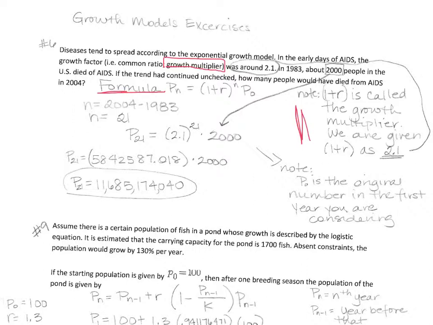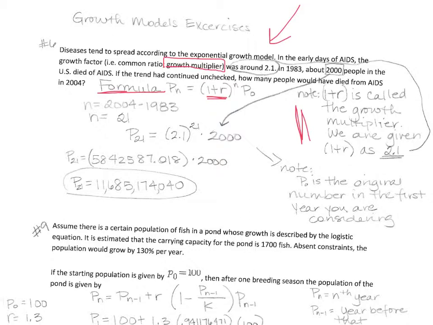And we're already given that full quantity, 1 plus r is 2.1, because up here in the question it said the growth multiplier was around 2.1. So we're going to plug in 2.1 for the 1 plus r.